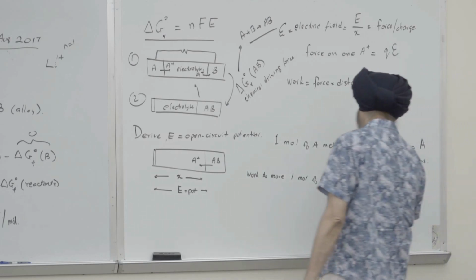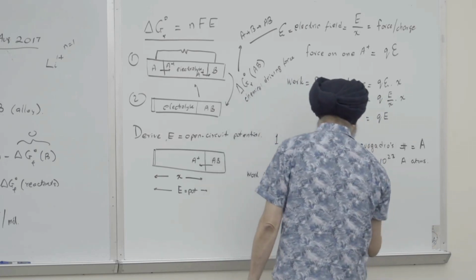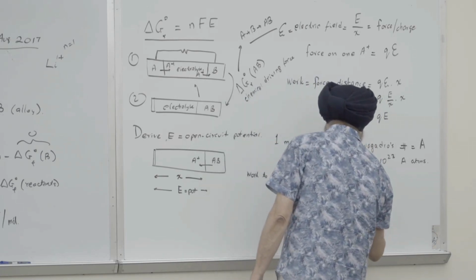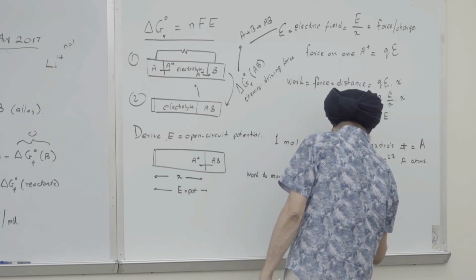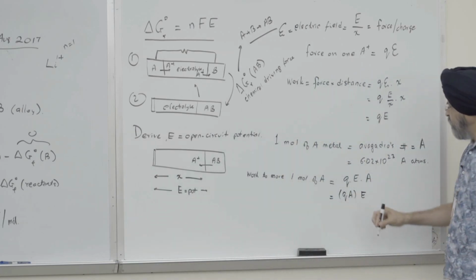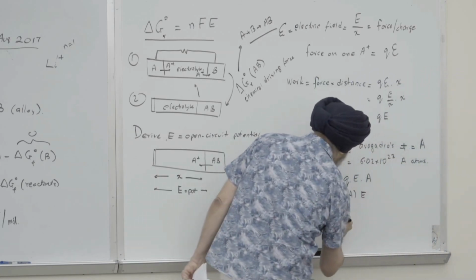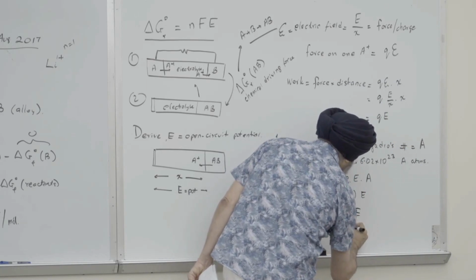So I can rewrite this as QA times E. And QA is Faraday's constant.